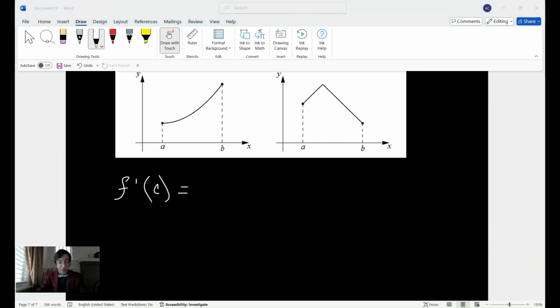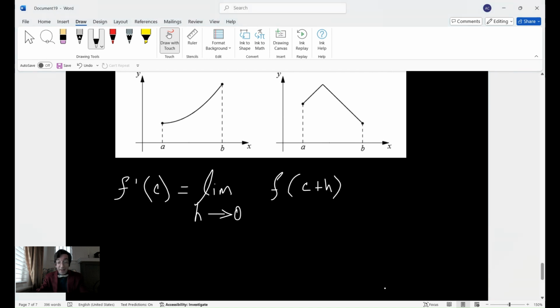And if we do a derivative here, we're going to say the limit as h approaches 0. And the definition, of course, is f of c plus h. You should know this by now, if you've taken calculus, or if you have some familiarity.